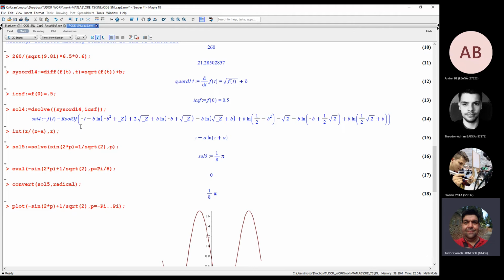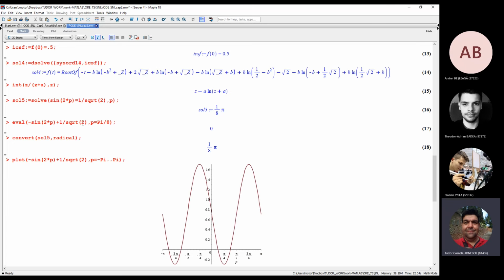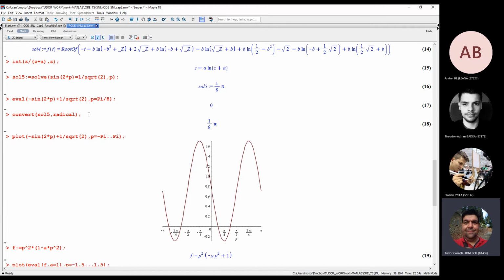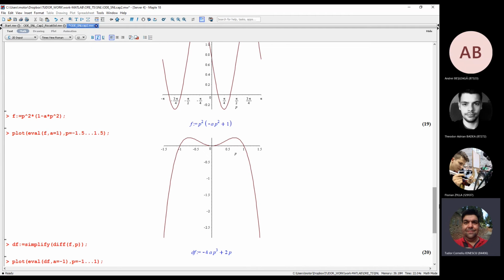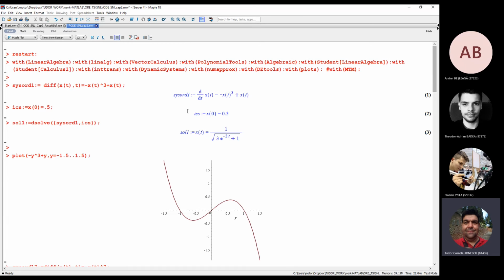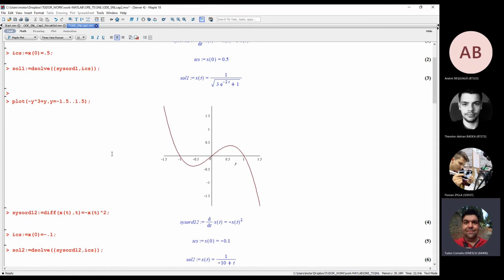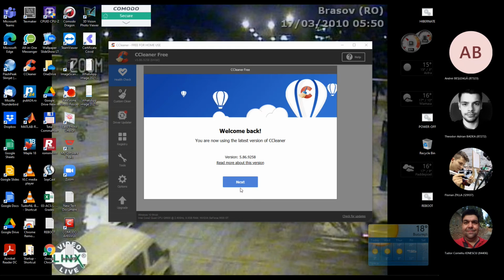You see? It's difficult to solve this. Anyway, all sorts of examples, okay? We can see here that we can easily integrate and use Maple to solve our exercises for us and show us the solution and show us the equilibrium points and emphasize all of this.